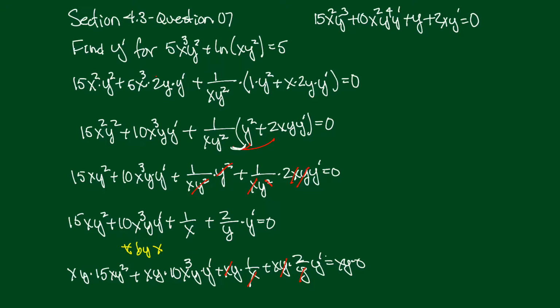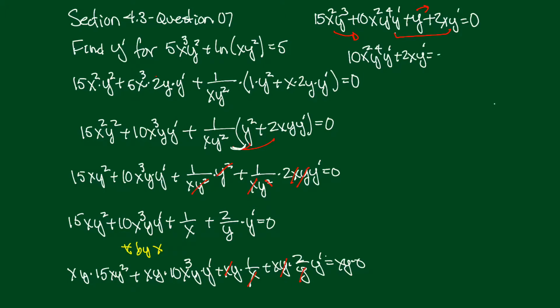Now let's get these y primes. Here's a y prime, here's a y prime. So let's keep these on the left side and get this term here to the right and this term here to the right. So that's going to give us 10x squared y to the 4th y prime plus 2x y prime.